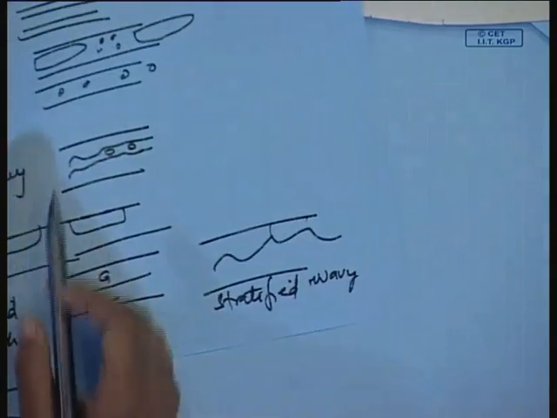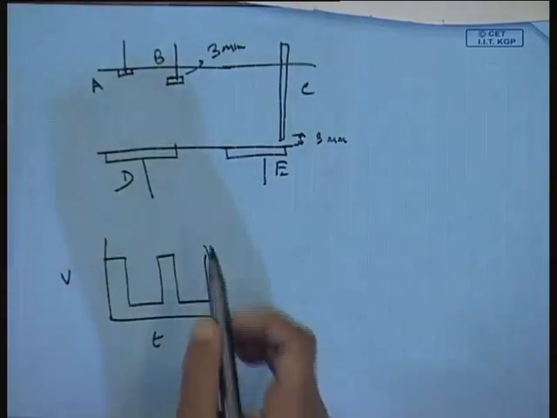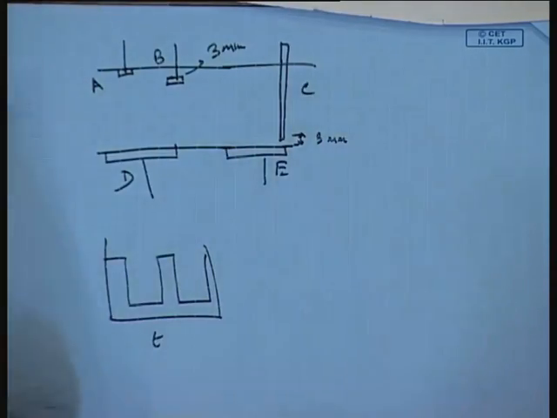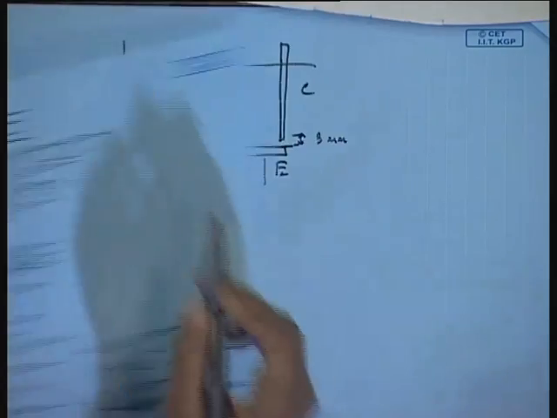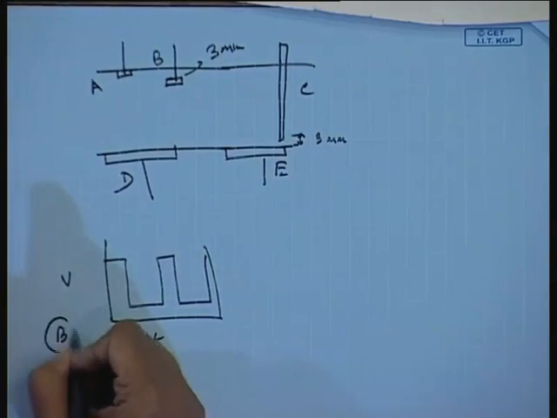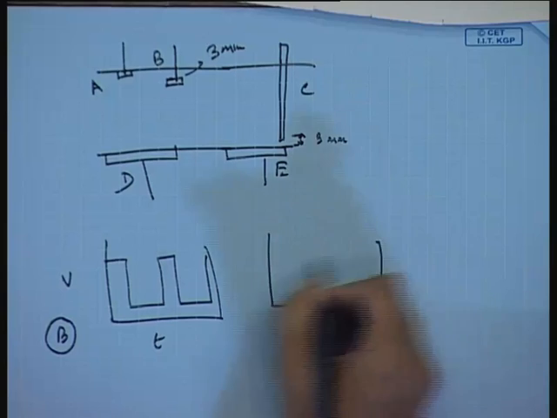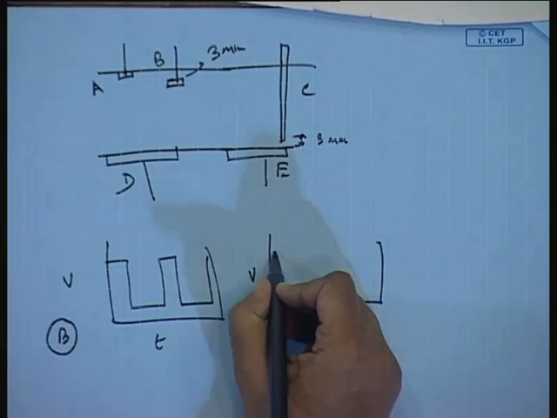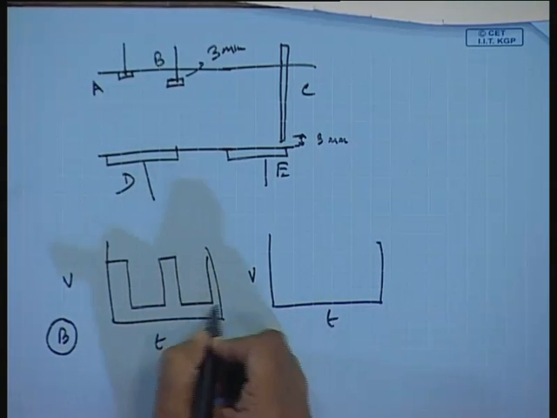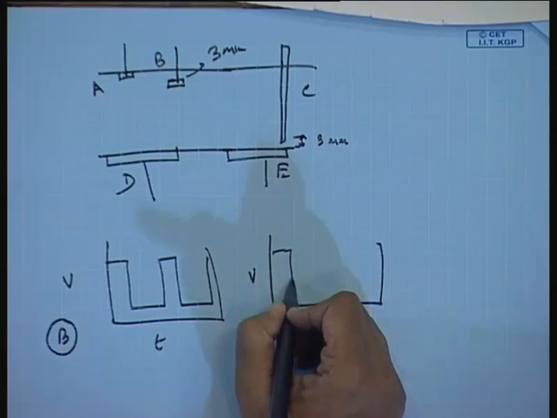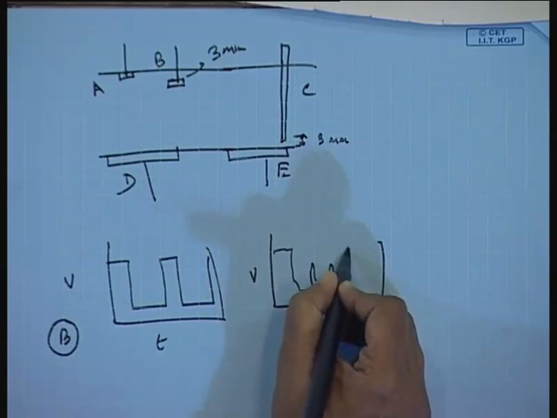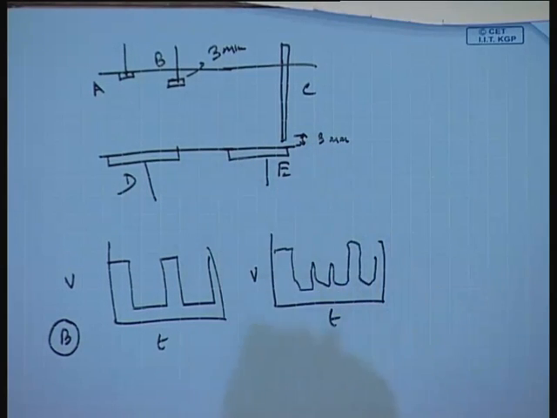And when we have slug flow pattern, what happens? There is aeration in the liquid slugs, isn't it? So, from this particular probe B signal, definitely for this slug flow pattern, we are not going to have such a nice square wave sort of a thing. We will be having such type of a signal.